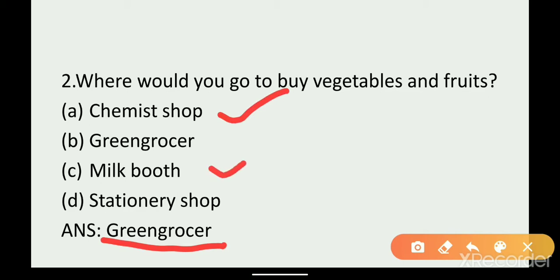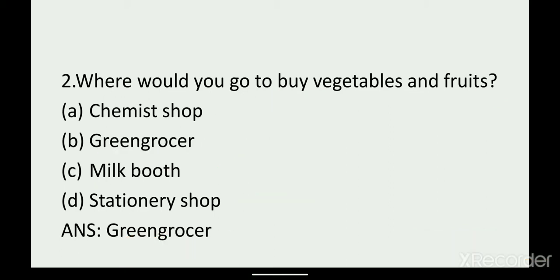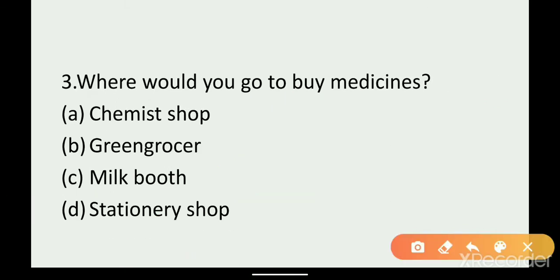At milk booth we buy bread, milk and egg. A stationery shop will buy stationery items like pen, pencil. So what is left? Greengrocer. So where we'll go to buy vegetables and fruits? Greengrocer, remember.